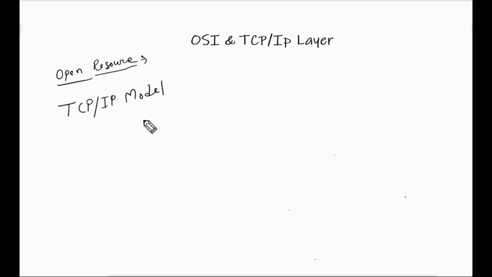This TCP/IP model helps you determine how a specific computer should be connected to the internet. In OSI, we were looking at vendor communication, HP to HP or HP to Dell.